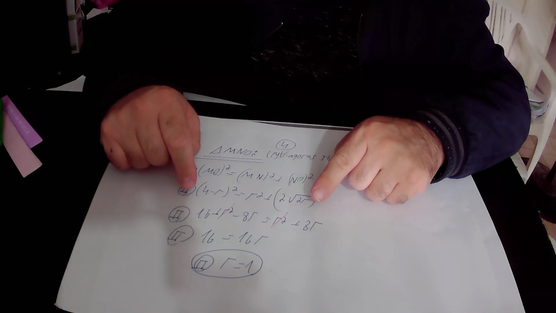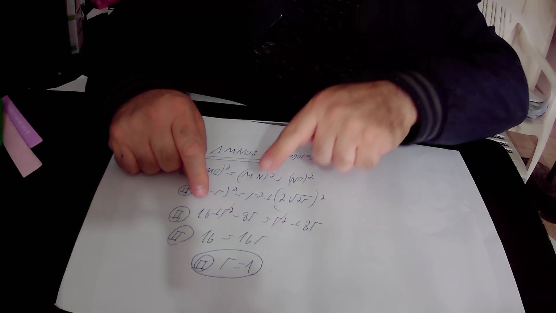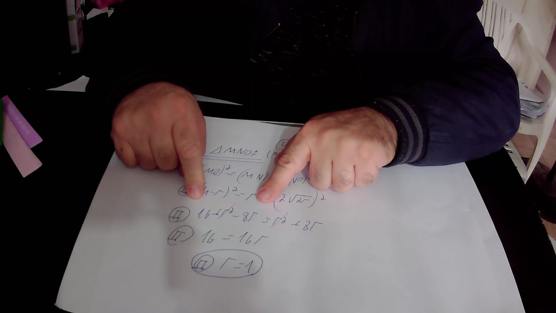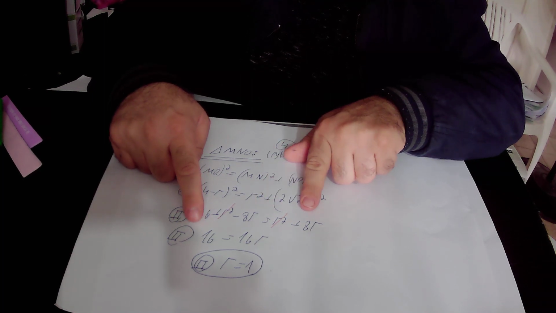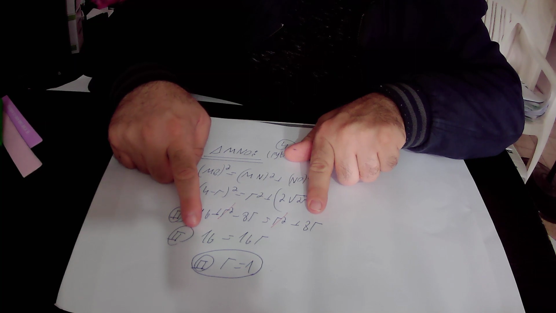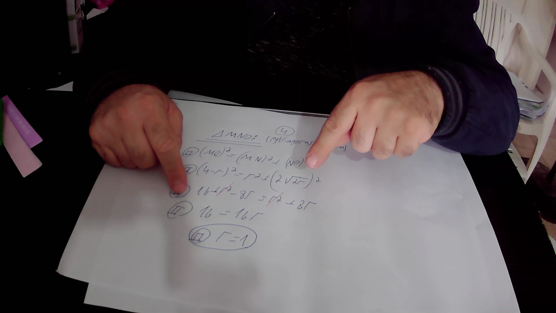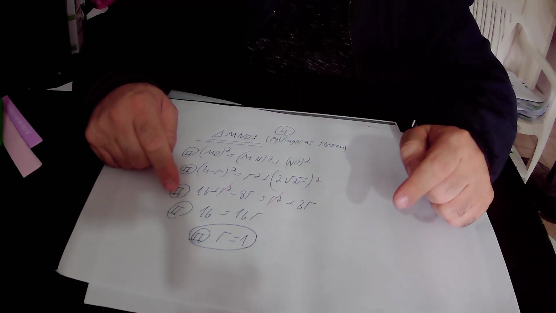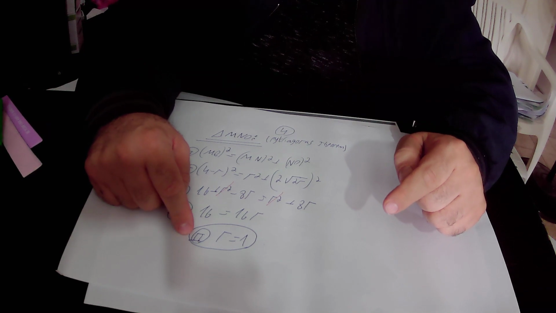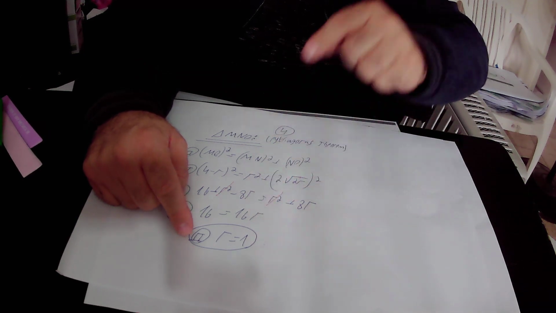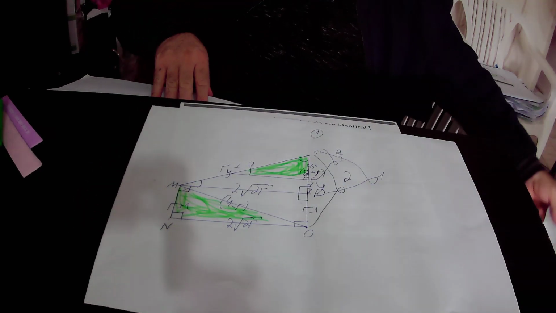We added 8R to this equation, and we get that 16 equals 8R plus 8R, which is 16R. So 16 equals 16R. We divided equation number 2 by 16, and we found out that the radius of the small circle R equals 1 unit.